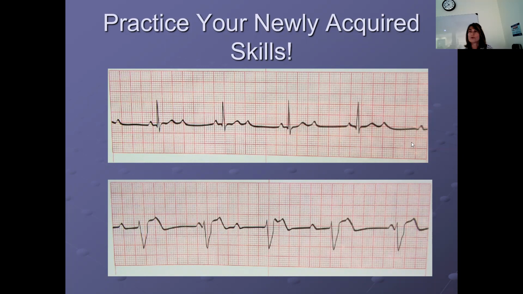And then the next thing we would do is mention the conduction, like how many P waves before you actually get a QRS. Two, very good. So there are 2 P waves and then a QRS. You would call this 2-to-1 conduction. So second degree type 2 with 2-to-1 conduction.